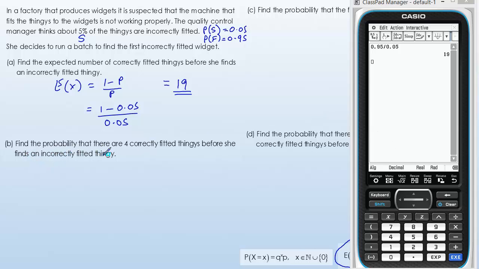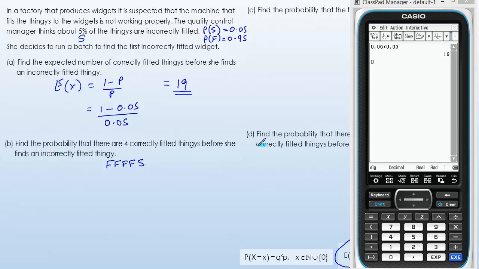Find the probability that there are 4 correctly fitted thingies before she finds an incorrectly fitted thingy. So what we need here is F, F, F, F, and then success.